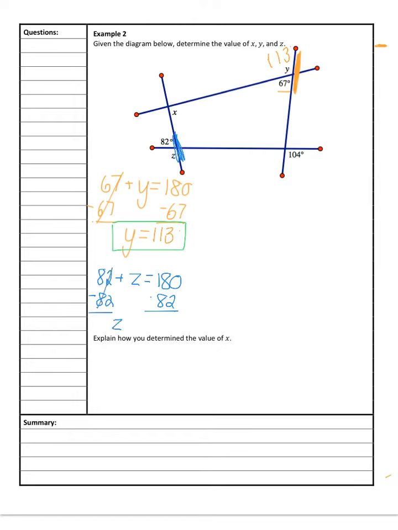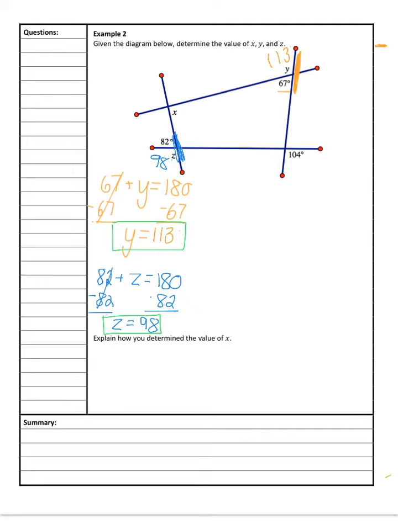And we will see that z equals, and again, if you are someone that wants to do this math on your own, pause the video, break out a calculator, and just check your numbers with mine. We're going to get z equals 98 degrees. So I'll go ahead and write that one in. 98 degrees.